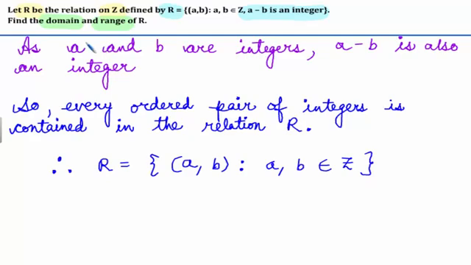Now we have to find the domain and range of R. So domain is equal to, as we know, the set of first elements of the ordered pairs of R. So domain of R will be equal to Z itself here, that is the set of integers.